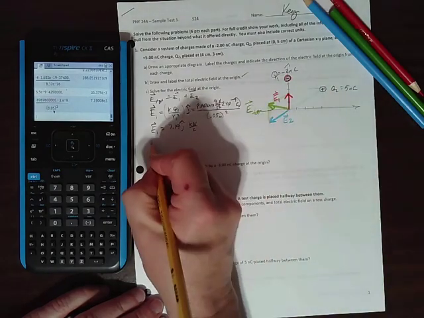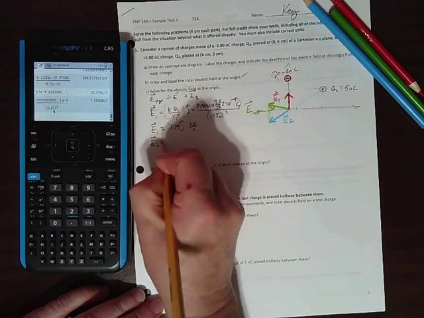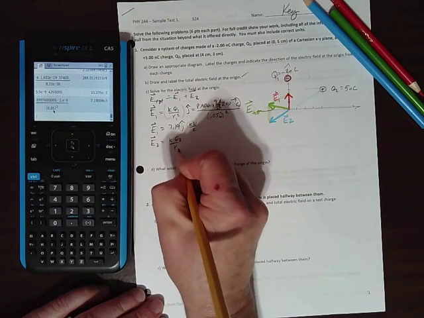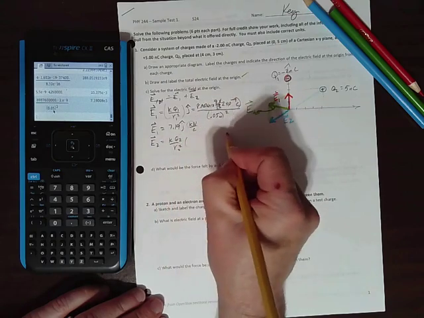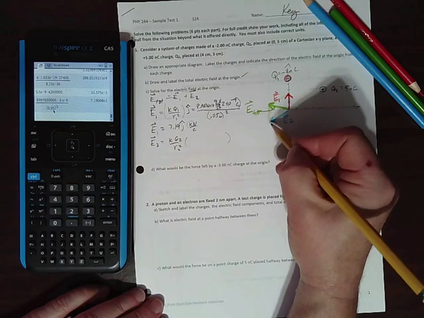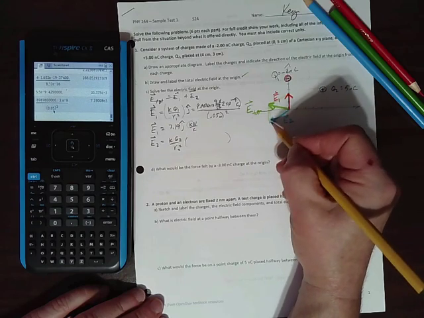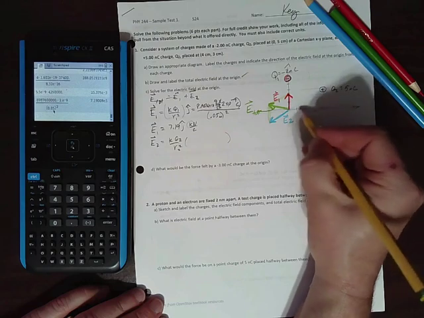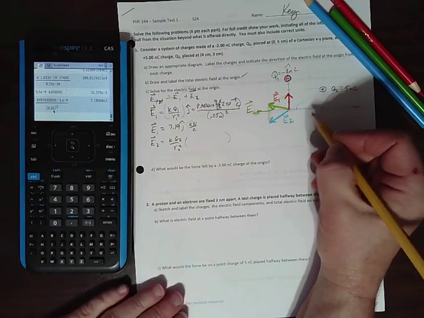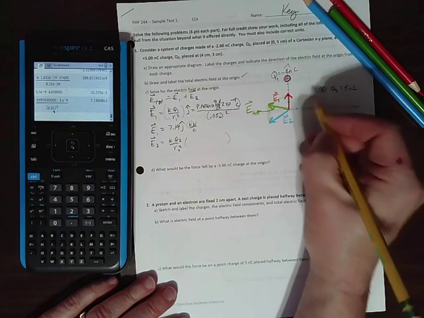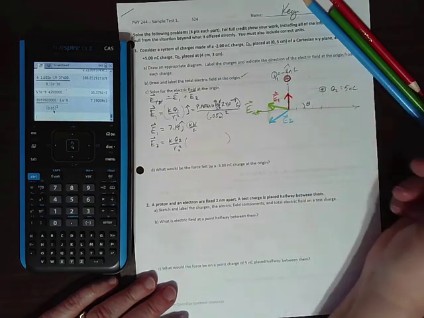Now we need E2. Again, magnitude-wise, kQ2 over R2 squared. But then unit vector-wise, what is it? It's going this direction, so it's going to have a negative x and a negative y. We could do it components-wise. We've got a 3, 4, 5 triangle, so we can just do ratios, or we can calculate theta here.